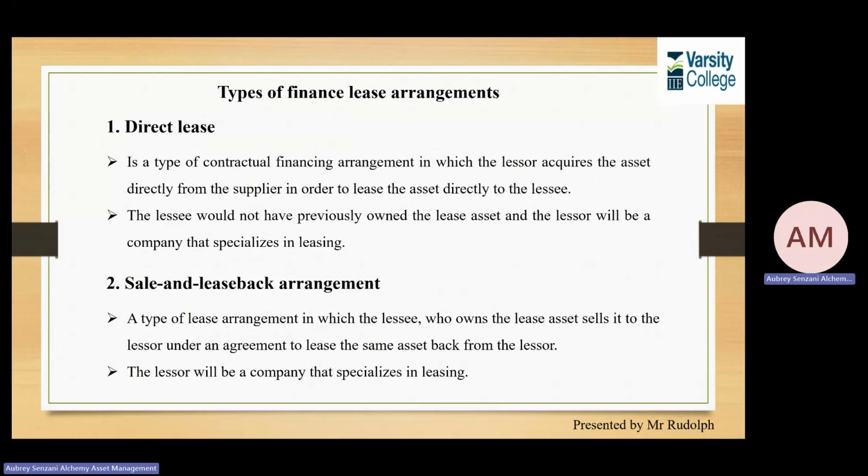Okay, then here we have a direct lease, and in a direct lease, we're just saying the person who is leasing you the asset also owns the asset. When we talk about a sell and lease back agreement, we own the asset, we sell the asset to a leasing company that then leases the asset back to us.